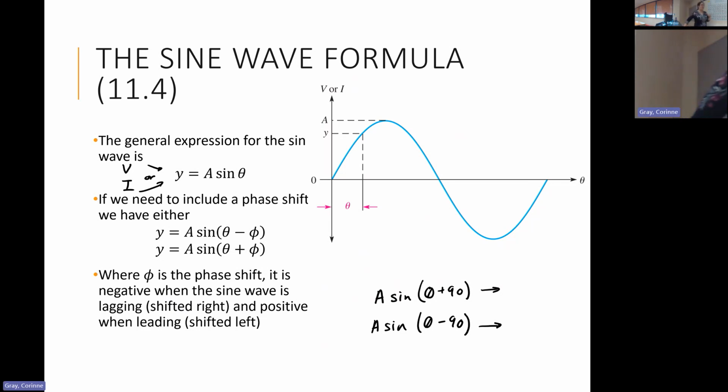If I plug in 90 into this one, that's going to get me 180. That should get me 0. If I do 90 for this one, it also gets me 0, but in different ways. So maybe we should go back to the picture.